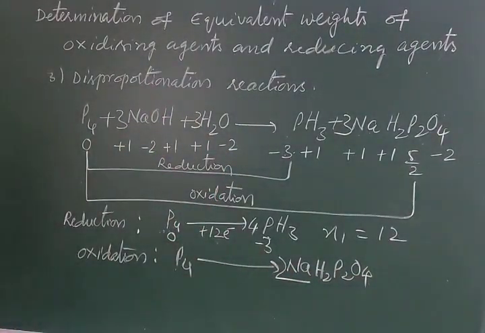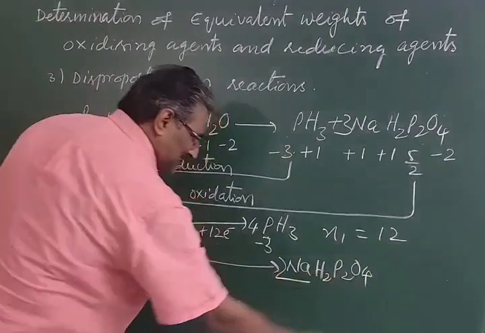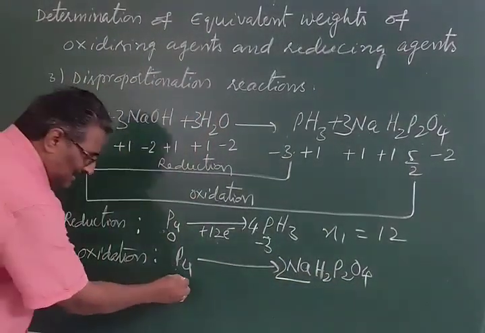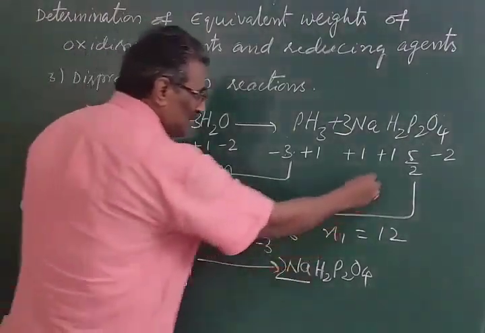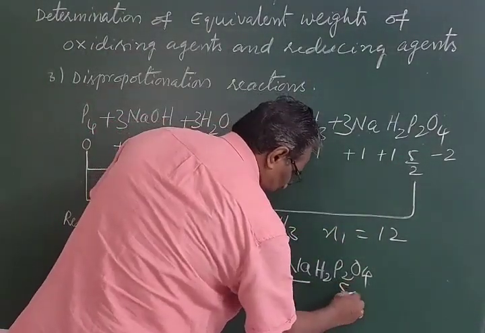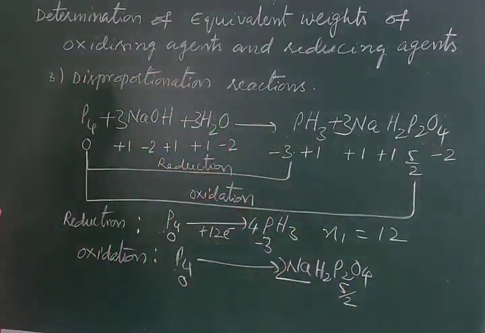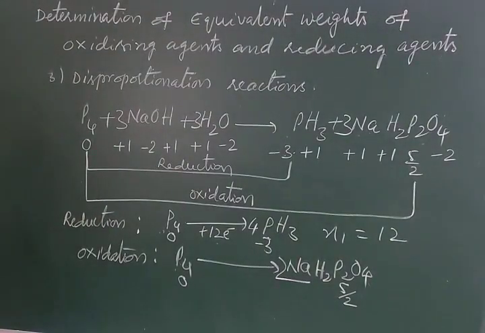So it is to be multiplied by 2. Okay? So the phosphorus atoms are the same. Here, the oxidation state of phosphorus changes from 0 to 5 by 2. The increase in the oxidation state of each phosphorus atom is 5 by 2.